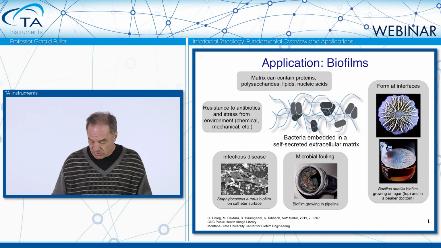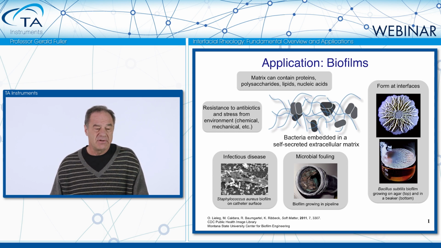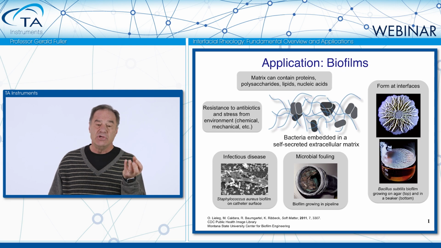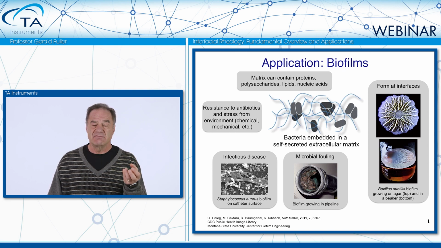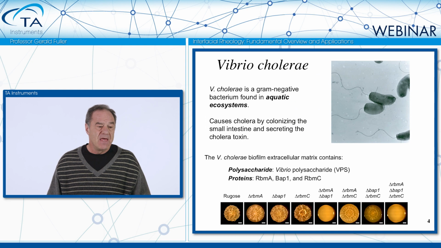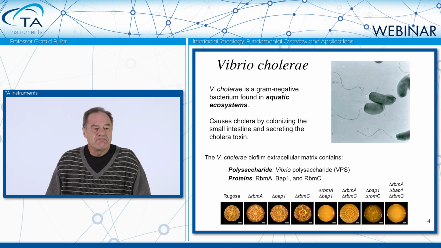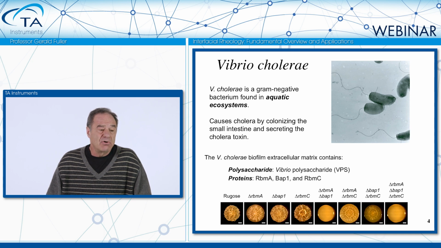In the form of pellicles, it's straightforward because we can now use the double wall ring very effectively to measure them. And we've studied a very important bacteria that's responsible for cholera. So cholera grows in aquatic environments, and if you have contaminated drinking water, people can, even still today, be affected by cholera.